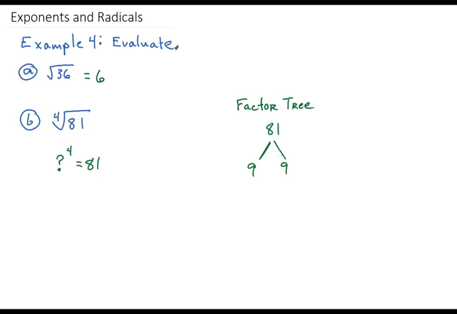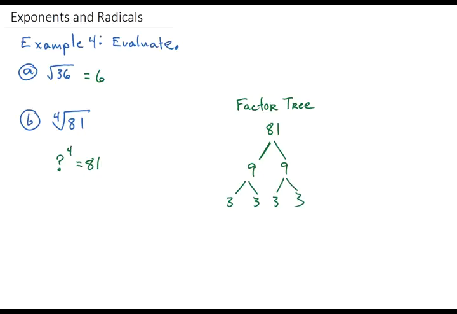Now you may think, wait a minute, that means that 9 squared is 81, so I can square root it. But you have to keep in mind that we're not square rooting, we're 4th rooting. So we need to know what 4 things multiply to be 81. So then we want to break our 9s down. They break down into 3 times 3, both of them.